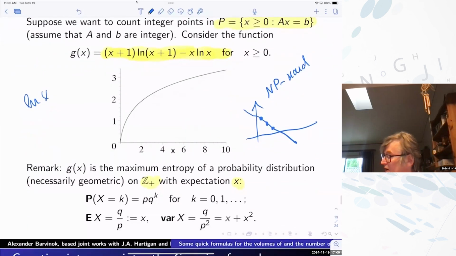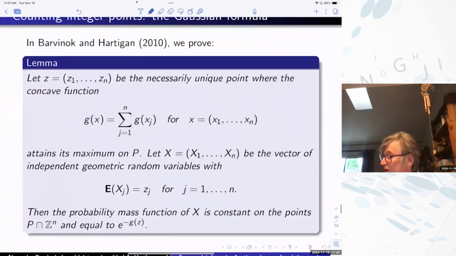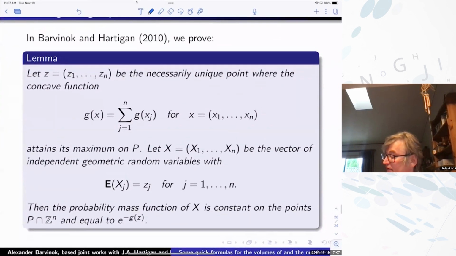So why don't we then apply Jaynes' principle and say that it's very well approximated by the maximum entropy distribution with this property: supported on non-negative integer vectors, and with expectation in the affine subspace. And we get a formula. So again, we maximize this.